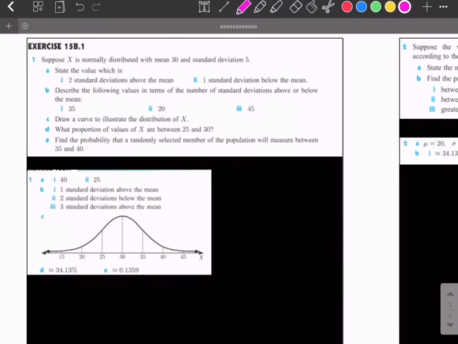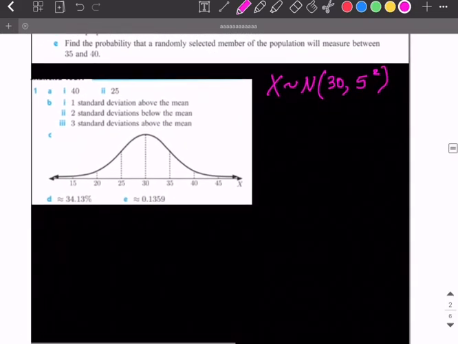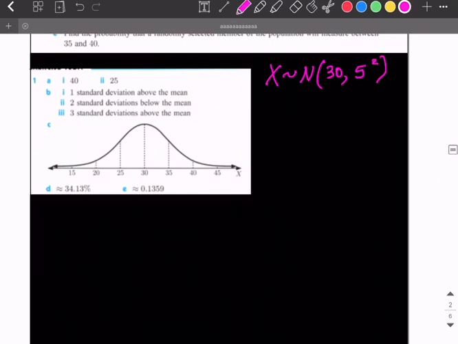If you're going to write this problem in terms of notation, which is important, x is normally distributed with mean 30, and the standard deviation you put squared there. That's the notation.